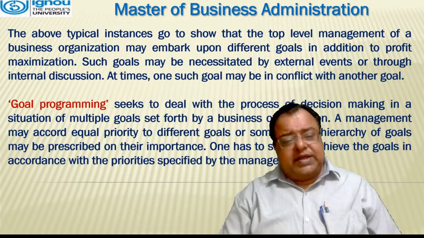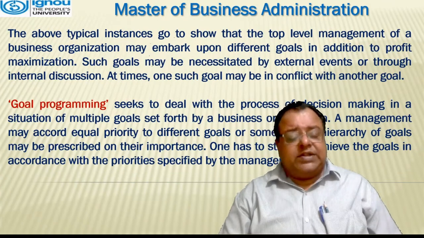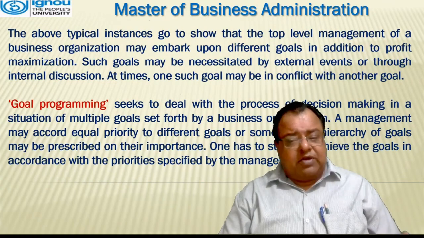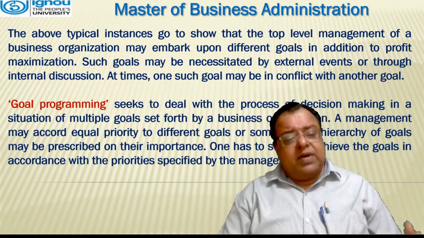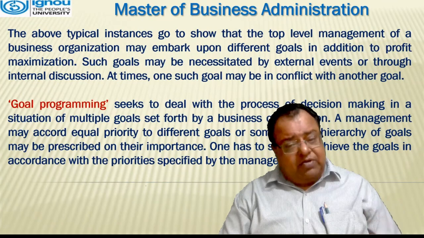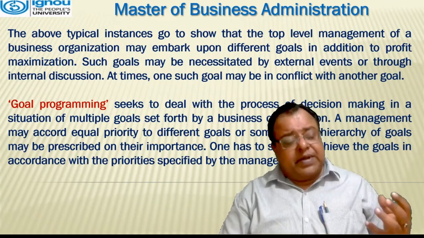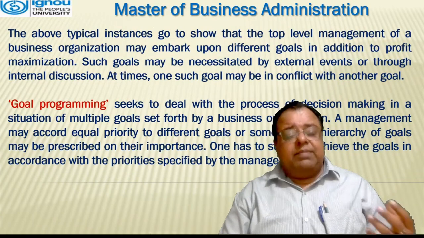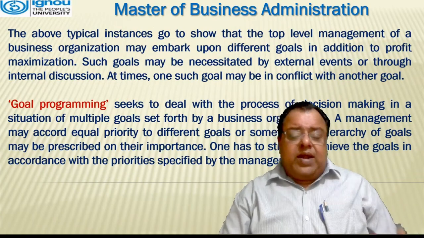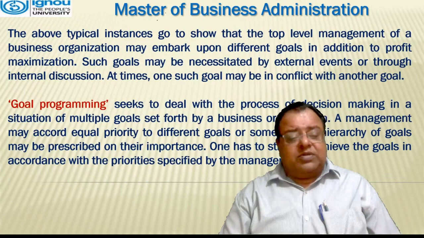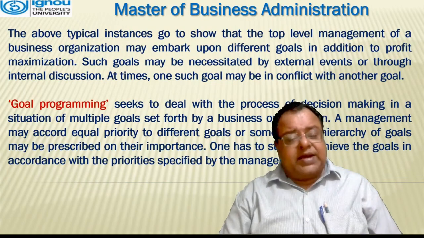Goal programming seeks to deal with the process of decision making in a situation of multiple goals set forth by a business organization. A management may accord equal priority to different goals, or sometimes a hierarchy of goals may be prescribed based on their importance. One has to strive to achieve the goals in accordance with the priorities specified by the management.